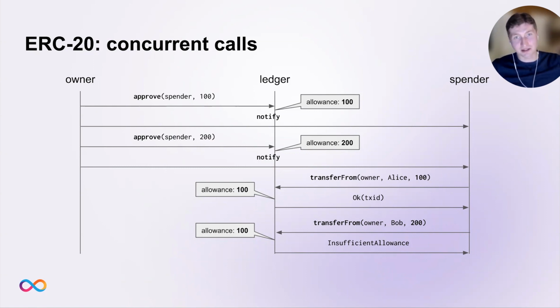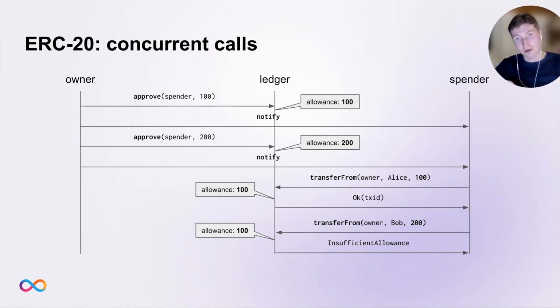And then another concurrent call comes in with another payment request for 200 tokens. The owner approves 200 tokens on the ledger, but in ICRC-2 semantics, this approval overwrites the previous one.